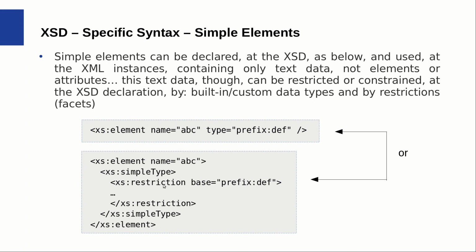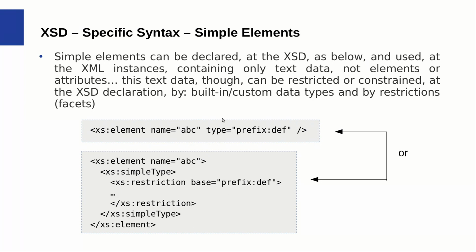So you can do a first constraint of the eventual content of this element by using an xs:string, but inside the restriction element you may use facets, which are additional constraining elements or attributes nested inside the restriction element that will restrain additionally the possible text content of this element we are declaring.